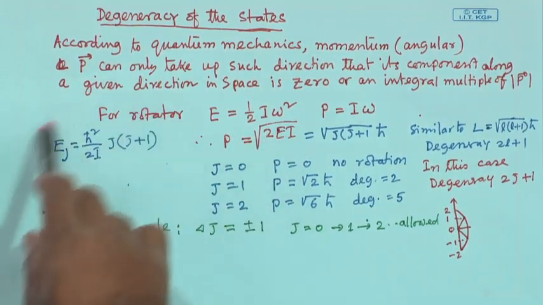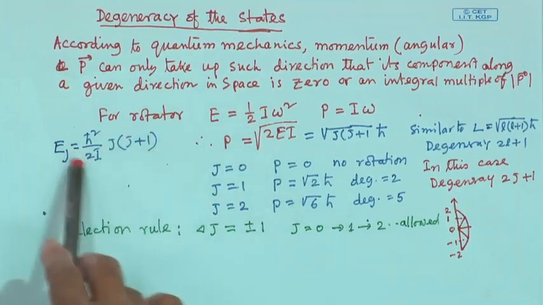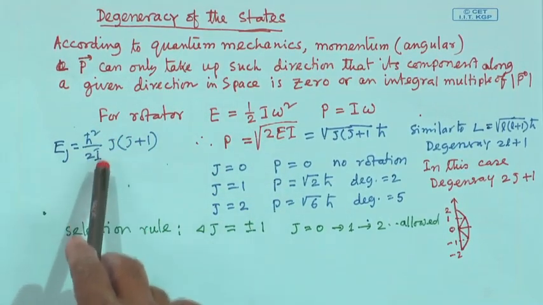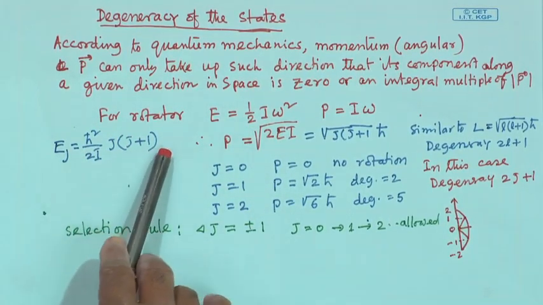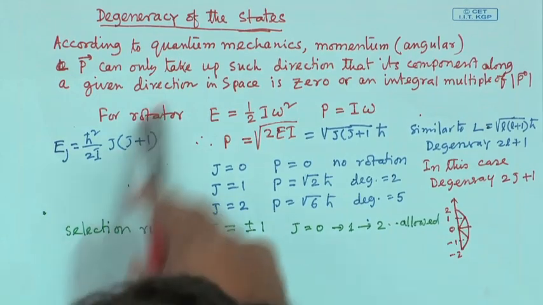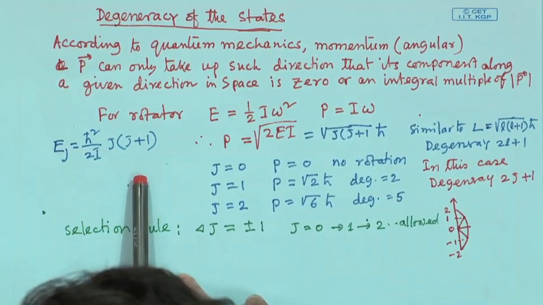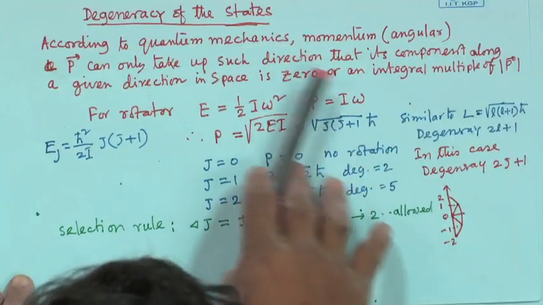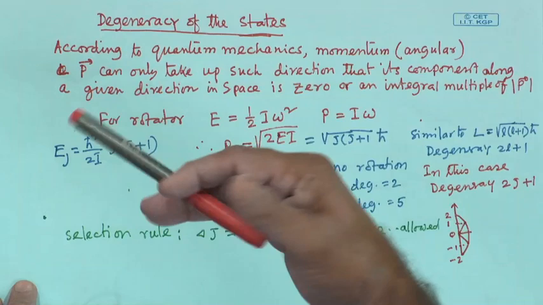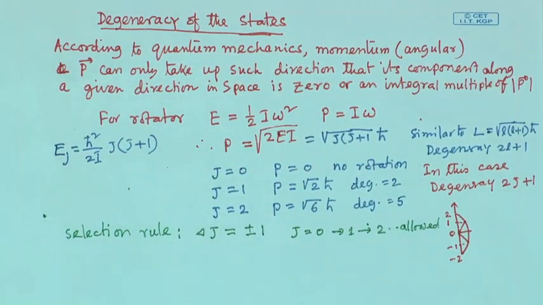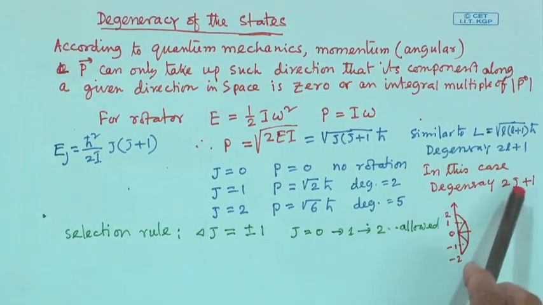So from here also, the energy of this rotator one can write as ħ squared by 2I times J(J+1). So in a simple way, it has degeneracy. Each energy level has degeneracy, and that degeneracy is basically 2J plus 1.